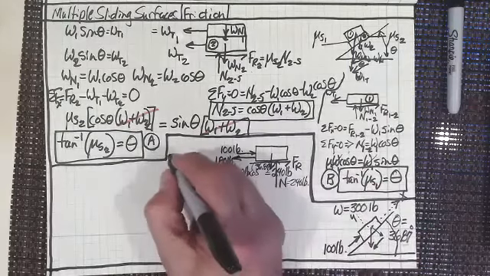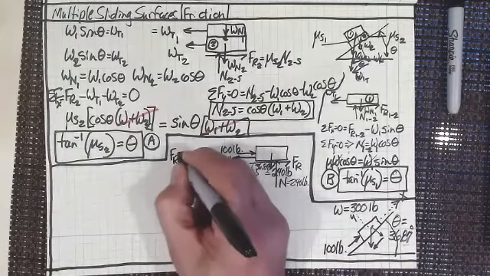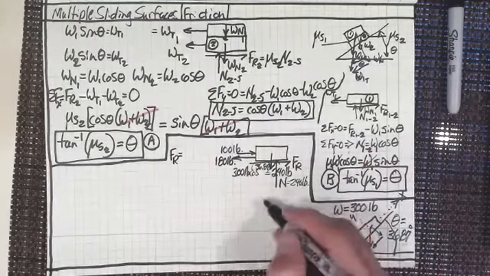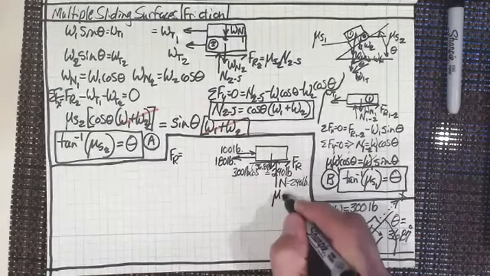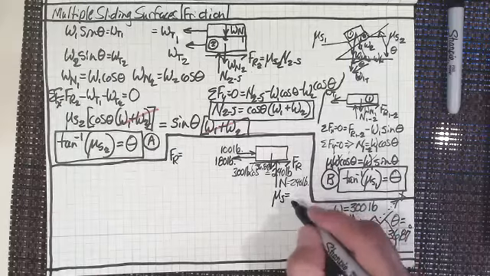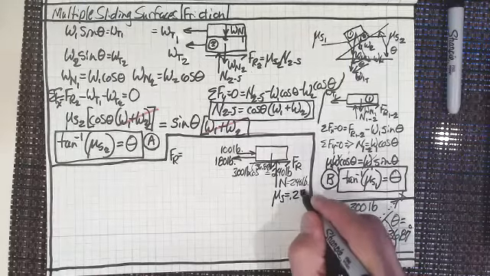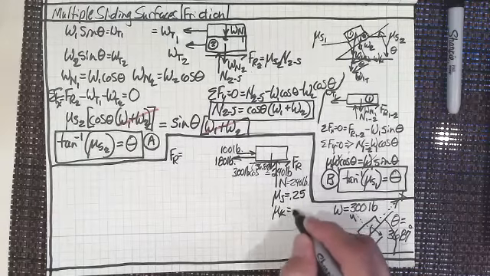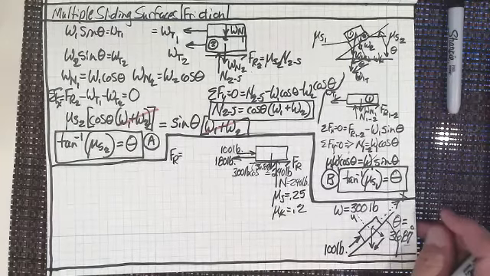Let's figure out what F sub r is going to be. Well, I have to give you a little information, don't I? Well, mu sub s is going to be 0.25, and mu sub k is 0.2. All right?